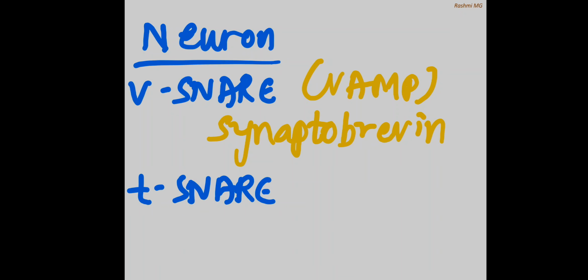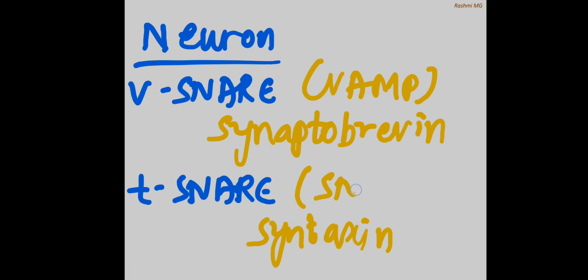The T-SNARE is called what? Syntaxin, that is also called SNAP25. Both of these V-SNARE and T-SNARE form a bond, or fuse with each other, and they result in transmission of particular signals or neurotransmitters.